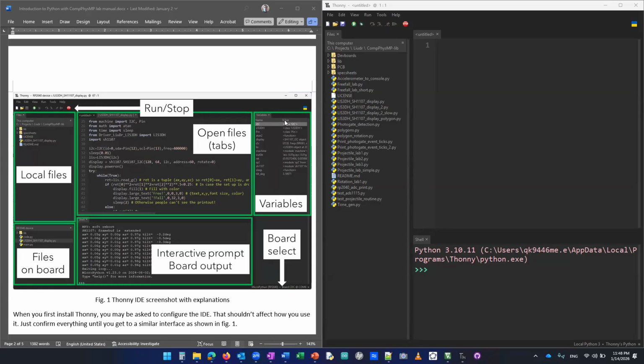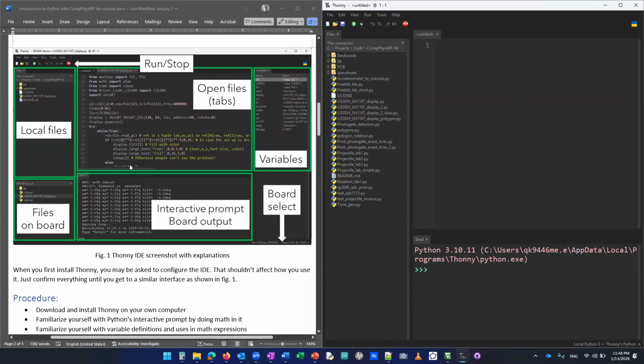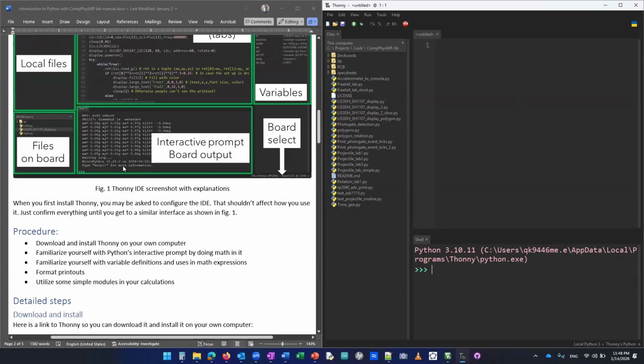I also turned off the variable displays because I want the space to mainly be the program and the so-called REPL, which is basically read, evaluate, print, and loop. So once you have the Python IDE, Thonny, installed, we can start using Python right away.